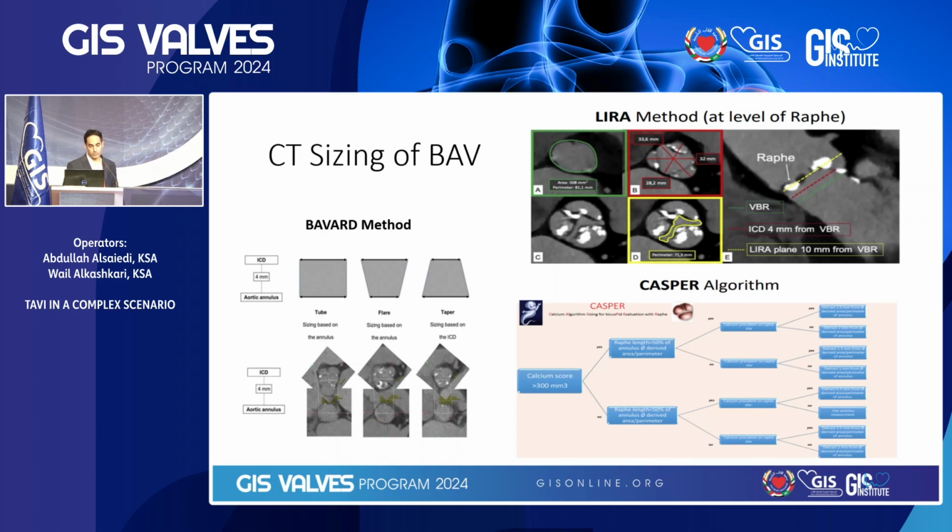With this method, you can do the sizing based on the annular parameter derived in 90% of cases. Having said that, you have to ensure that the annular diameter and the ICD, which is the intercommissural dimension, 4 millimeter above the annulus, are equal, or the ICD is bigger than the annular diameter.